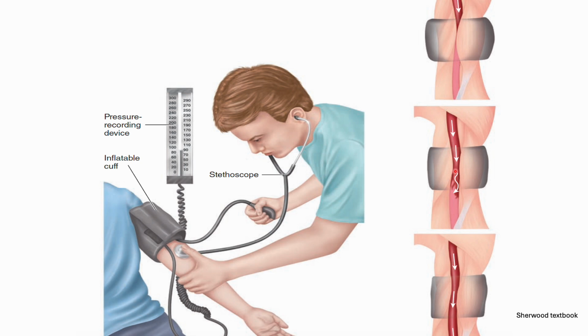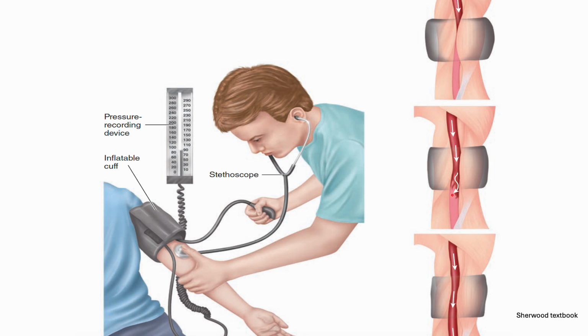You start to hear the sound because as you deflate it a little bit, you increase the diameter, so some of the blood flow will go down, but through a narrow diameter. So a smaller diameter will increase the Reynolds number, increasing the turbulence tendency. And because turbulence is audible, now you can hear the first sound, which represents the systolic blood pressure.